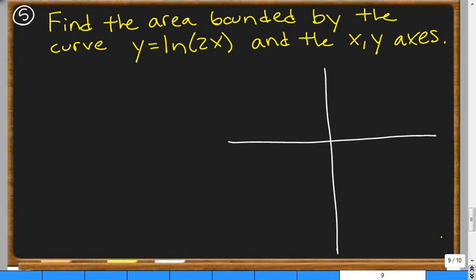The natural log of x and 2x kind of looks something like this. What we need to do here is try to find some bounds.